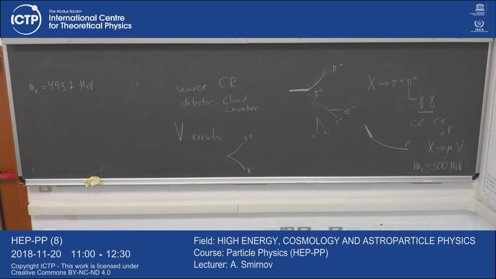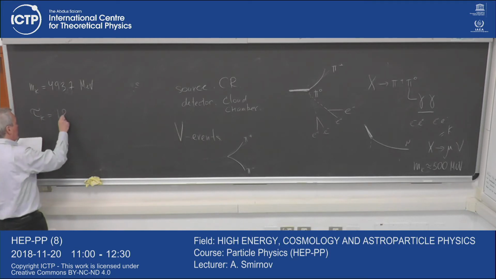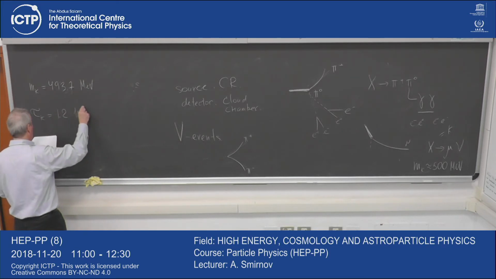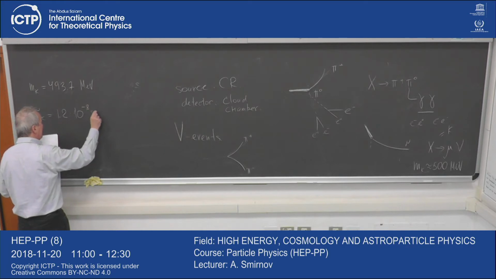So it's 4 times heavier than the pi. So these particles have been called strange particles, and they were called strange for one reason. First, it was also measured that the lifetime of K is 1.2 times 10 to the minus 8 seconds.